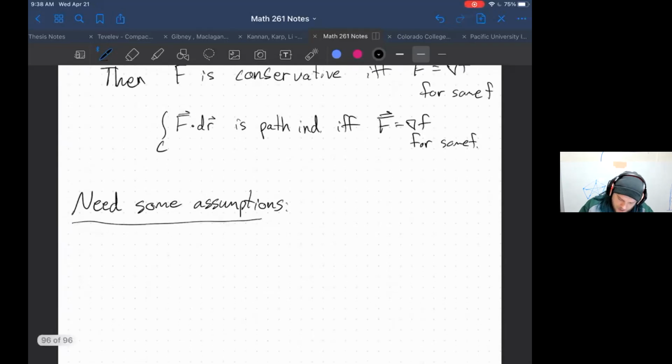So some assumptions which we will sometimes take for granted. Sometimes we'll address these, but let's write them down at least. So all curves we will say are piecewise smooth.